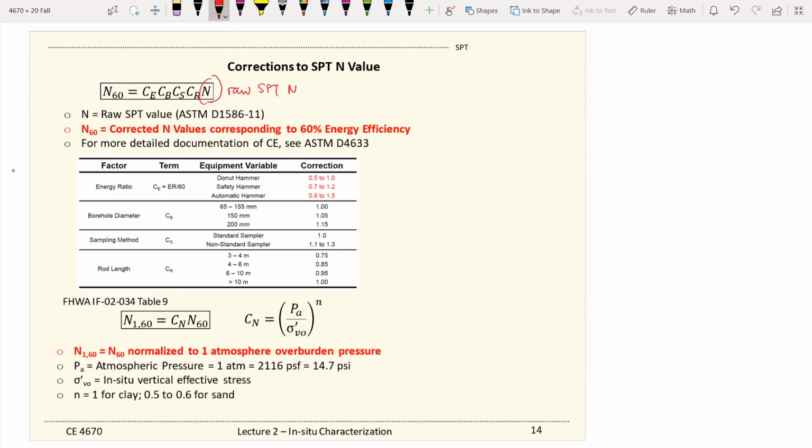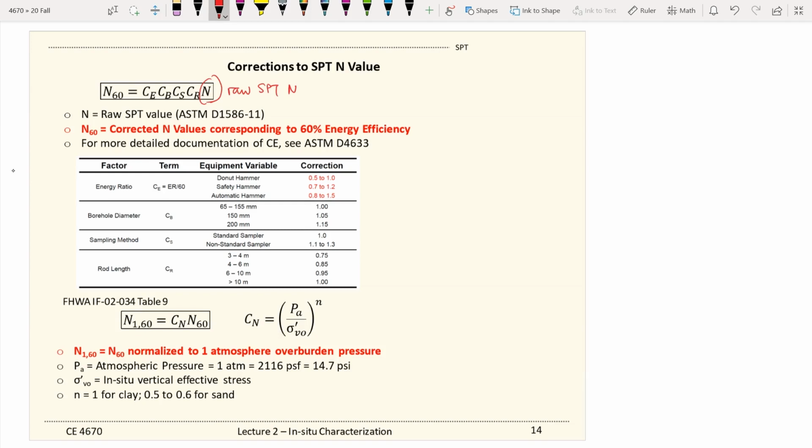So we need a procedure to correct the SPT N values, such that when we see SPT N values, you have the consistency to represent all the different types of equipment available, and also through time or through history, we take care of the differences or the advancements of machines or technology.